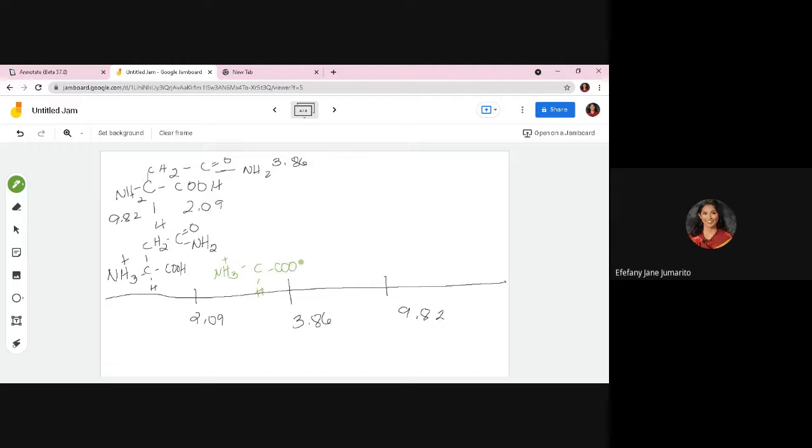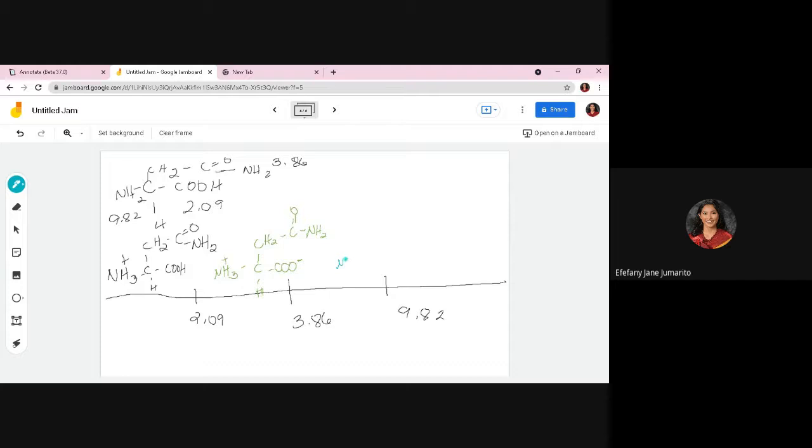It will lose a proton. Then we have CH2, C double bond O, and NH2. Then after 3.86, what will happen?